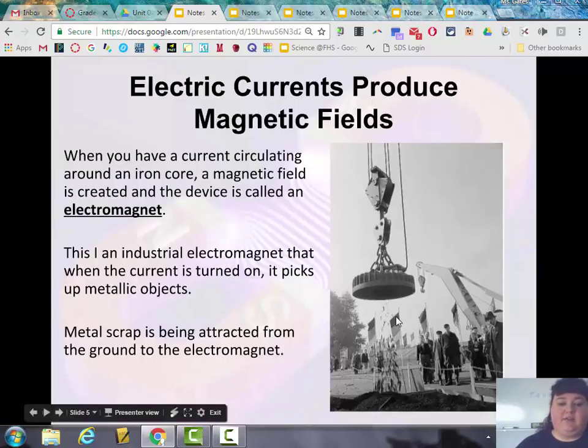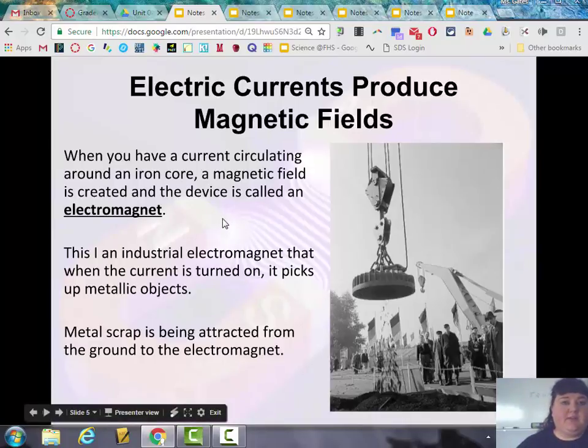You turn on the current, it flows through, and creates an electromagnet on the end of this crane. It can pick up metal, move it somewhere else, and then when you turn off the electricity, the electromagnet becomes demagnetized, and the material can drop. And so that's what an electromagnet is.